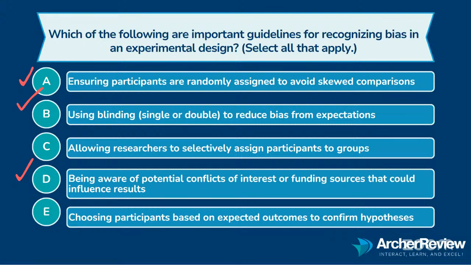D, being aware of potential conflicts of interest or funding sources that could influence results. That's a big one. As a nurse on the front lines with your patients, when they come in and they've seen an advertisement for a medication, you need to be able to look at the study for that medication and say, well, the company that made the medication published the study.